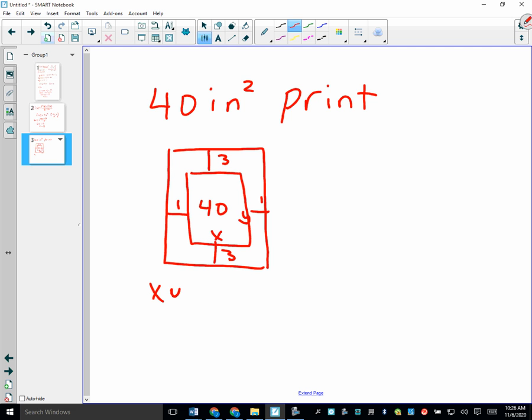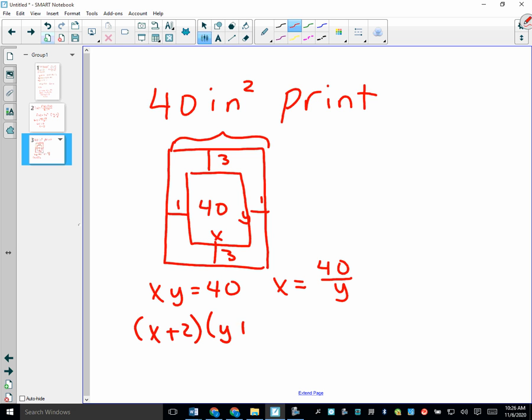Is xy equal to 40? Then x equals 40 over y. Now, tell me how much area is on my entire sheet of paper. It's x plus 2 times y plus 6.